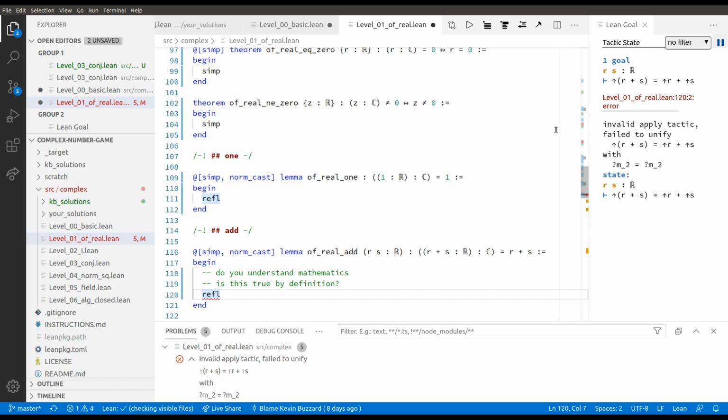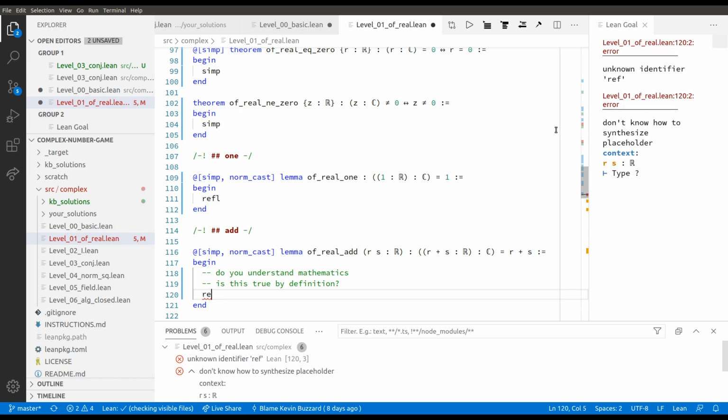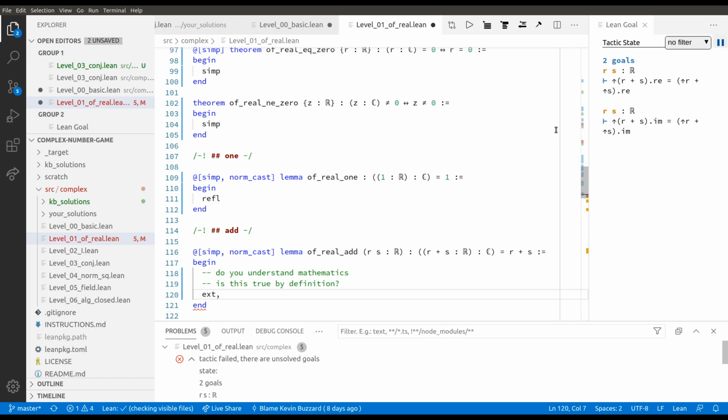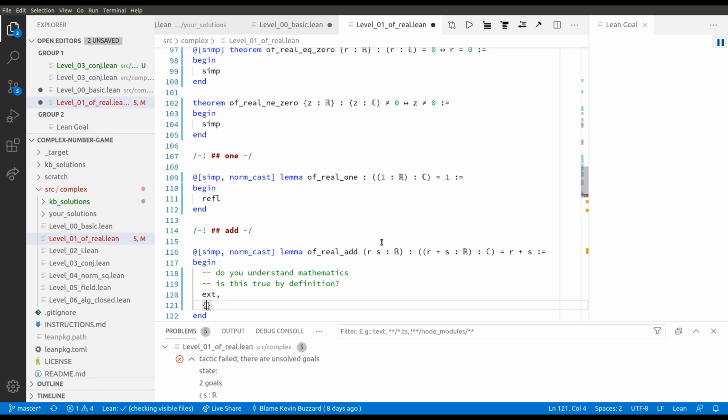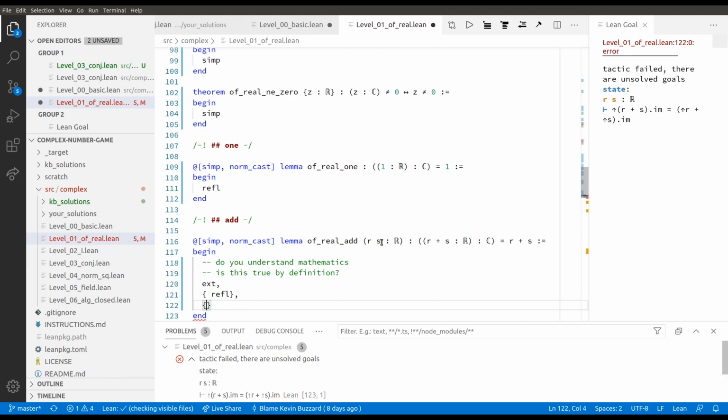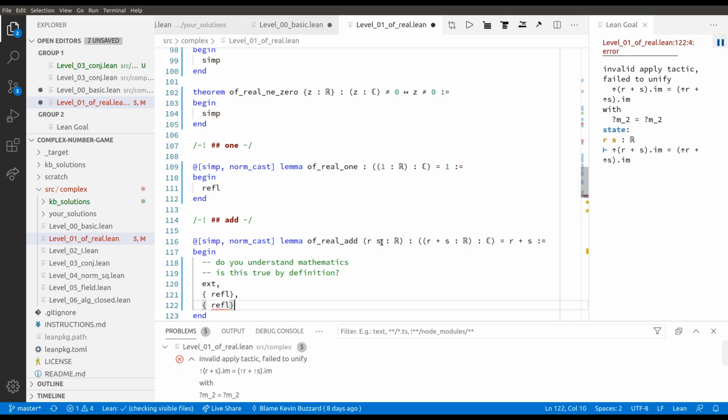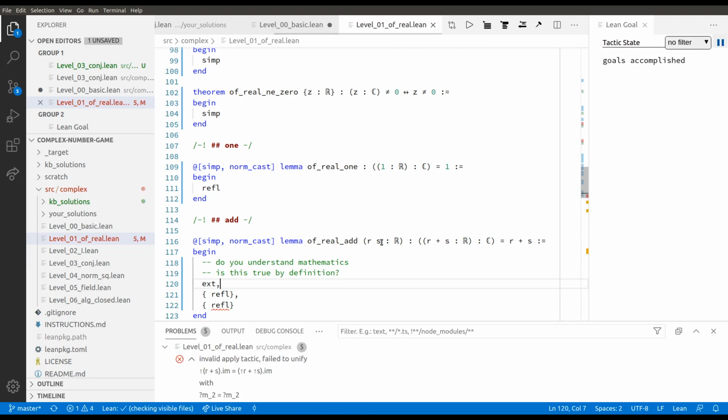So just out of interest, let's take this apart. Let's apply extensionality. Now we've got two goals: the first is that the real parts are equal, and the second is that the imaginary parts are equal. Let's do refl here, and refl here. The claim is that both parts are equal by definition, and it's true for the real parts.